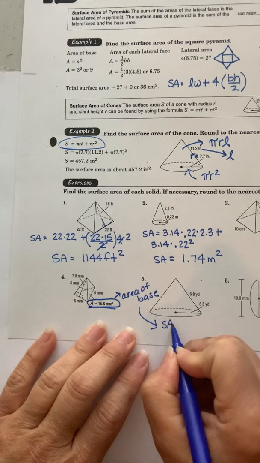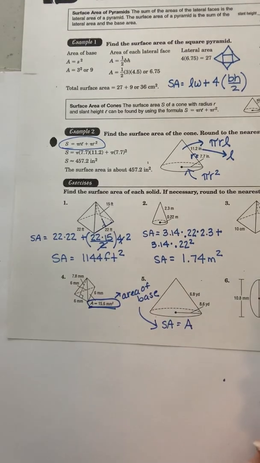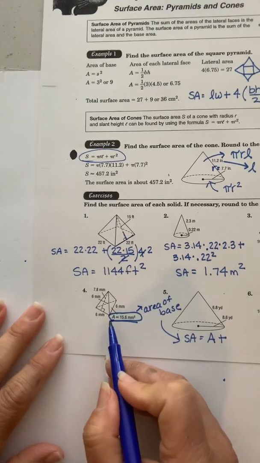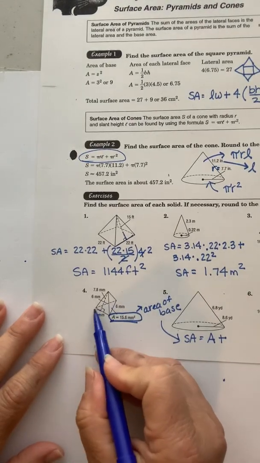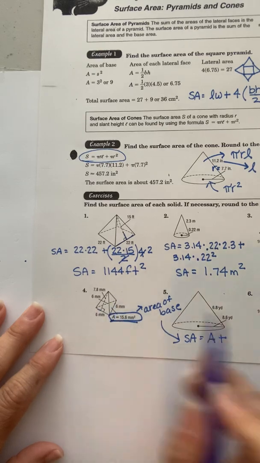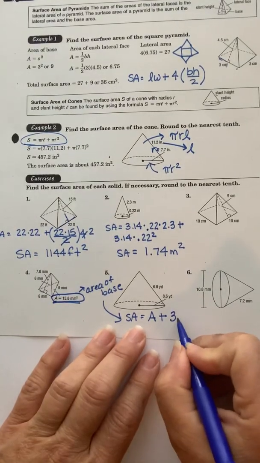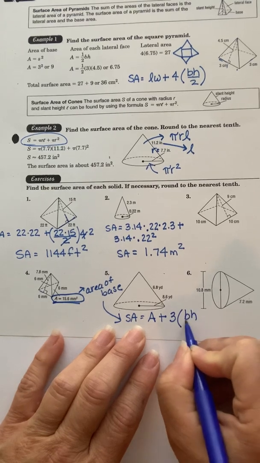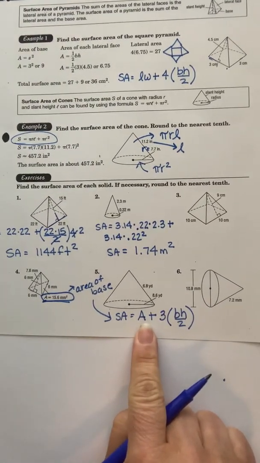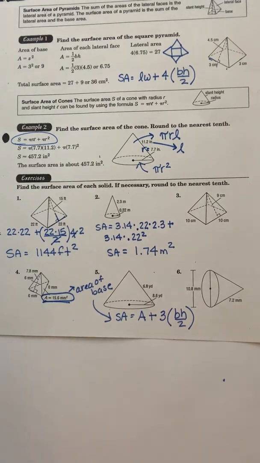If you have a triangle, you're going to have the area of the base, and then these are all going to have equilateral triangles. So you see how all the sides are 6 all the way around. So now you have 3 triangular bases that you have to find the area of. Okay, so you're going to use this when you have the triangular base with equilateral. All right.